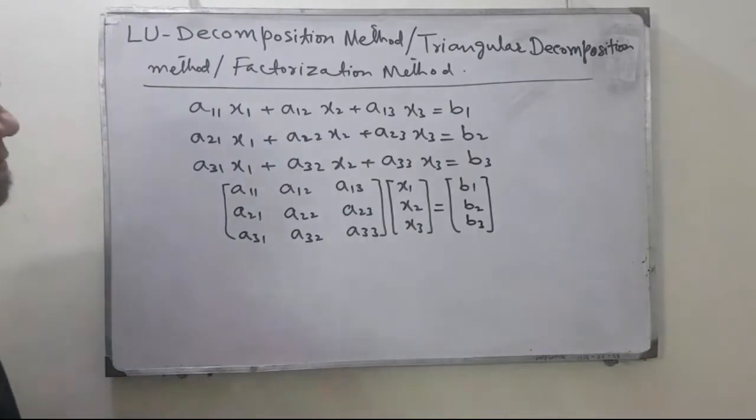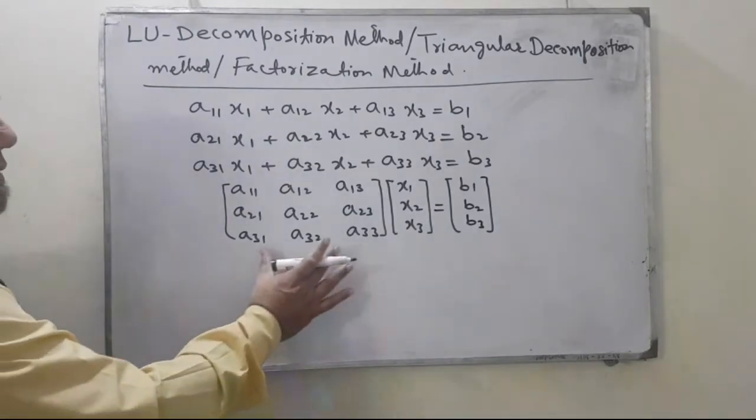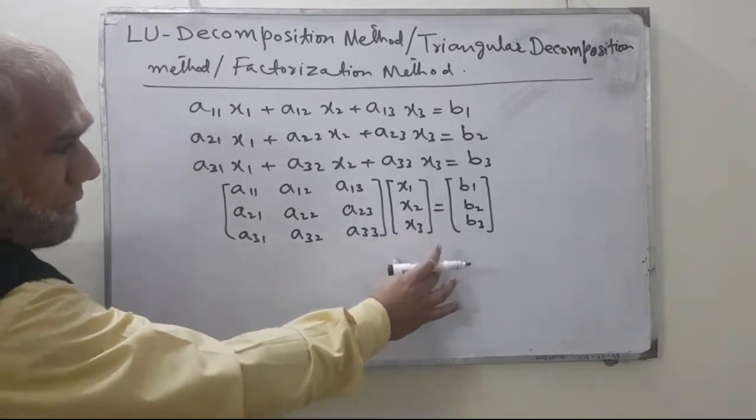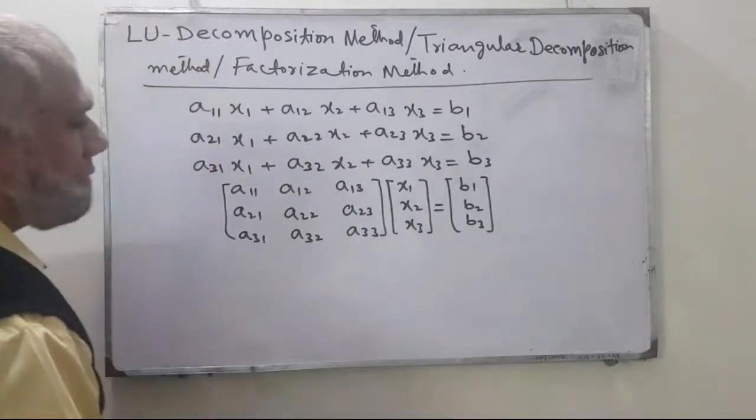So here we have transformed the system into the matrix form. The first matrix is known as the coefficient matrix, the other one is the unknown column vector, and this is the right side of the system.